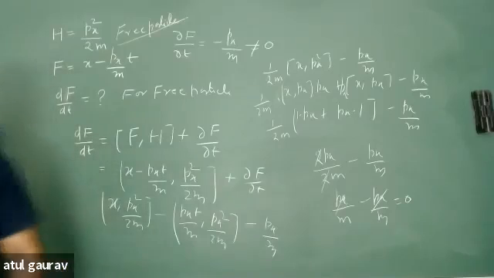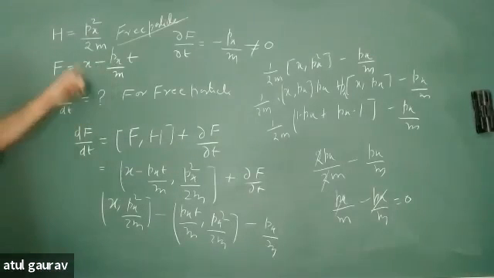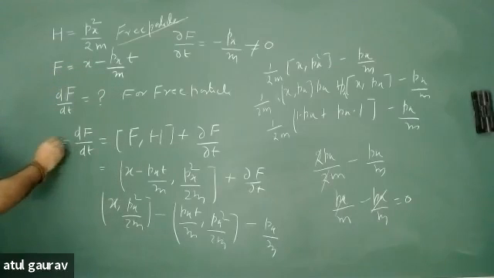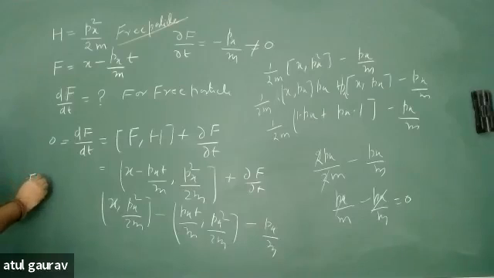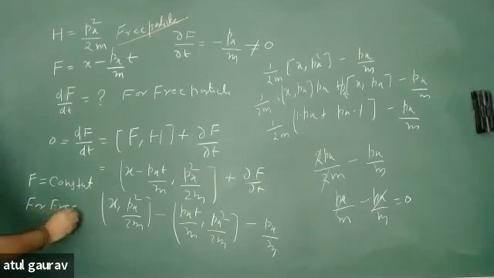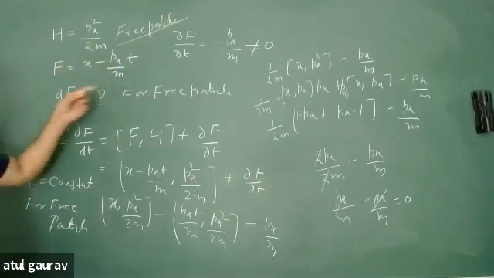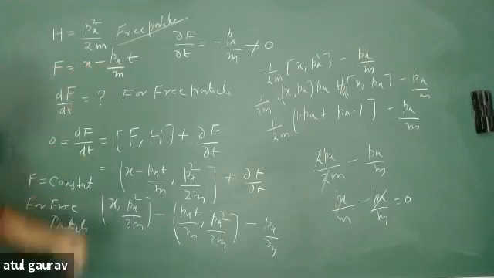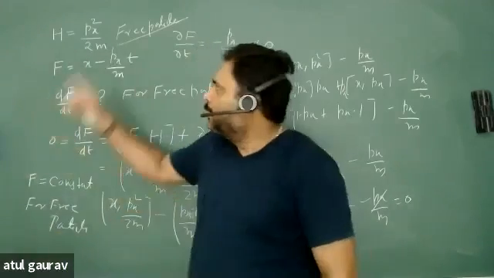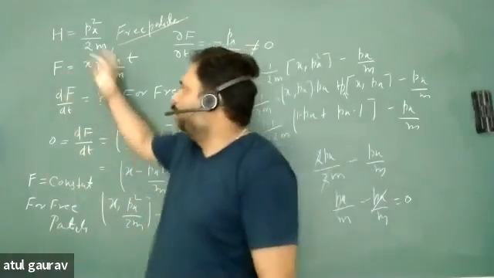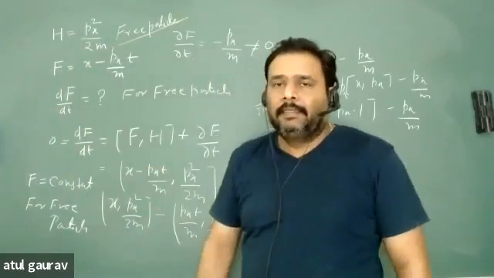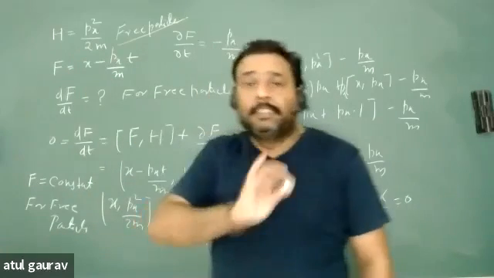What is going to happen? Even if it is an explicit function of time, this term df/dt is equal to 0. So what I can say is f is constant for a free particle. Even if this is a function of time, for the free particle, this particular thing is a conserved quantity.